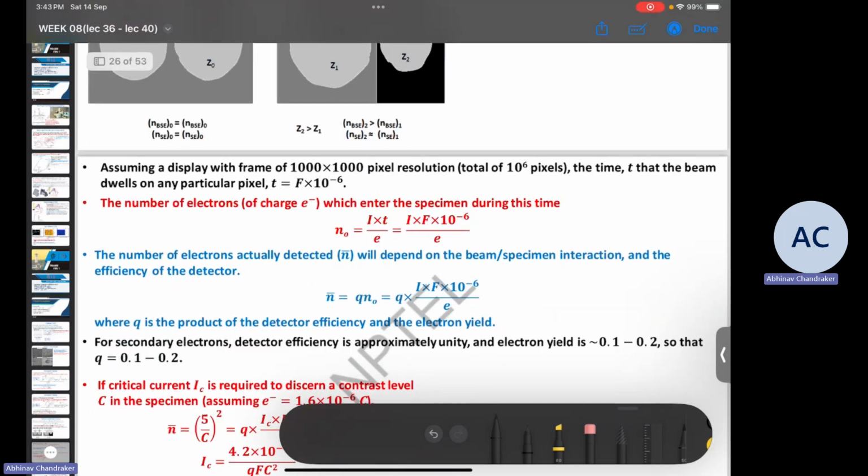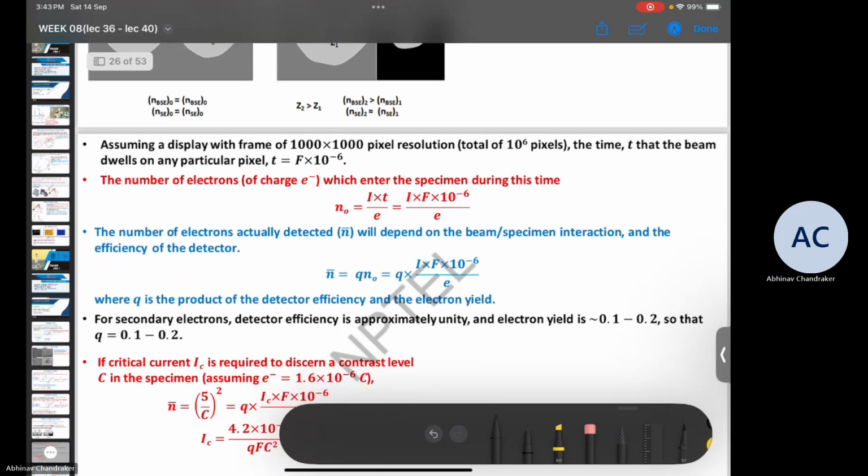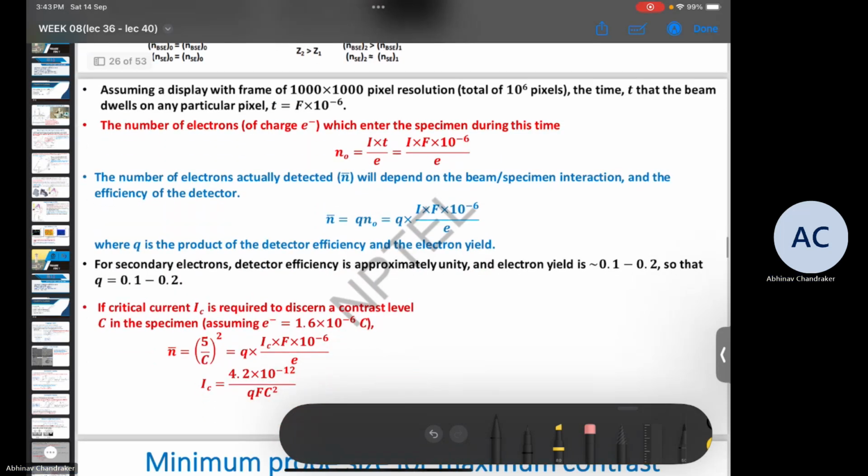Also, we can then incorporate the number of electrons coming from the specimen, the time taken to scan the specimen, and also the efficiency of the detector.